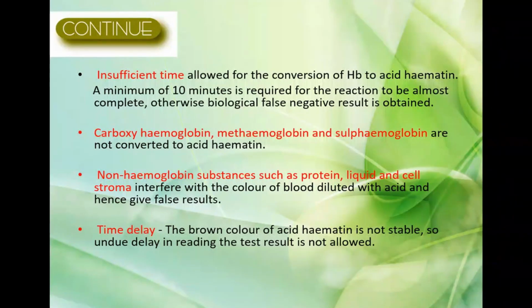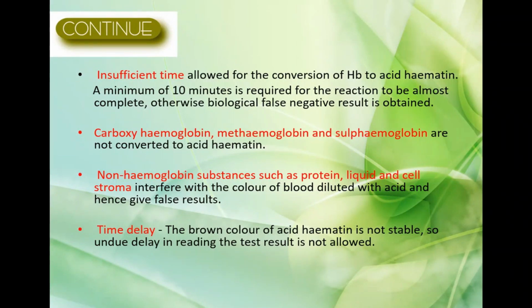The next is carboxyhemoglobin. Carboxyhemoglobin, methemoglobin, or sulfhemoglobin are not converted to acid hematin. So carboxyhemoglobin cannot be converted, and methemoglobin and sulfhemoglobin, these are all three types of hemoglobin which are present inside our body, is it not? Right? Yes, sir. If you draw the blood, we add 20 microliters.